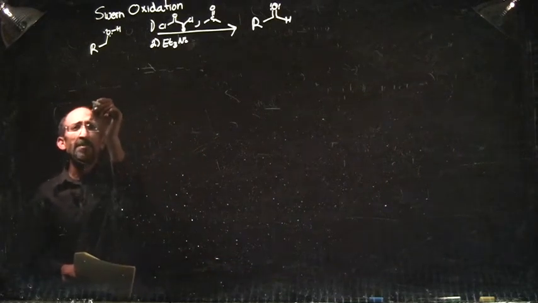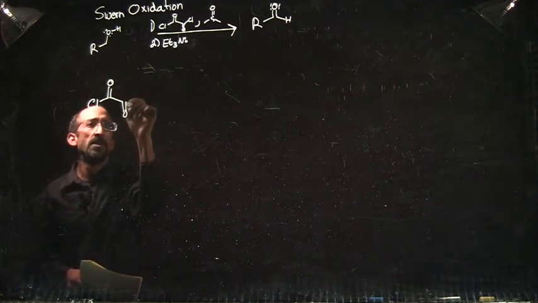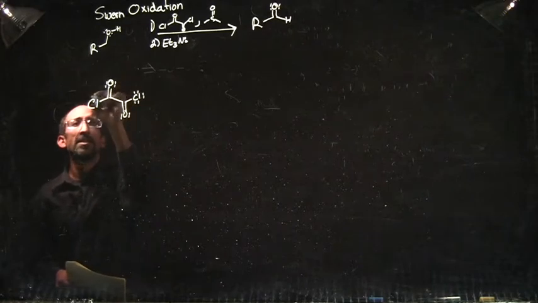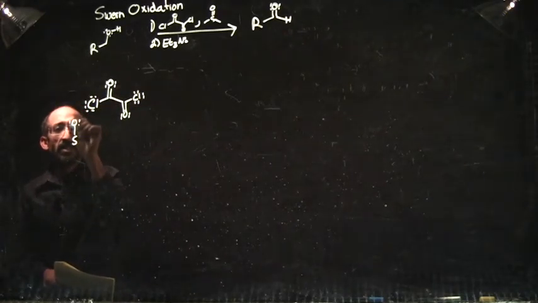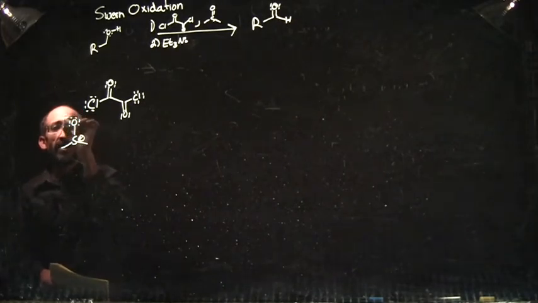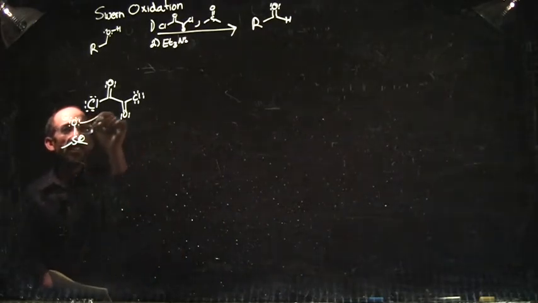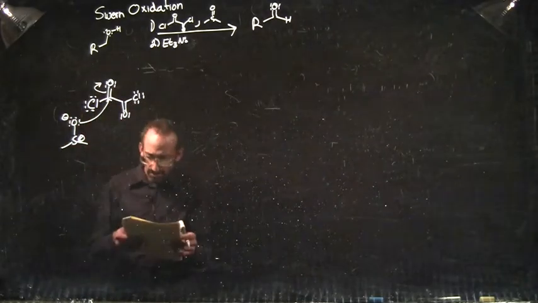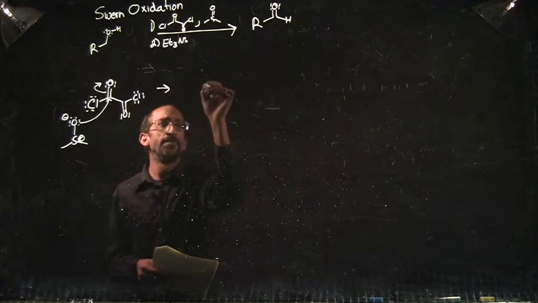In the first step of the Swern oxidation, DMSO acts as a nucleophile and attacks into one of these carbonyl carbons to generate our first intermediate.